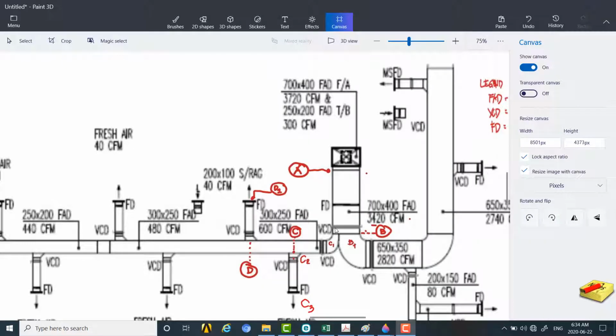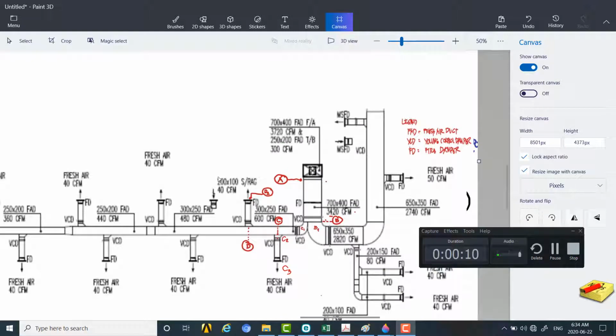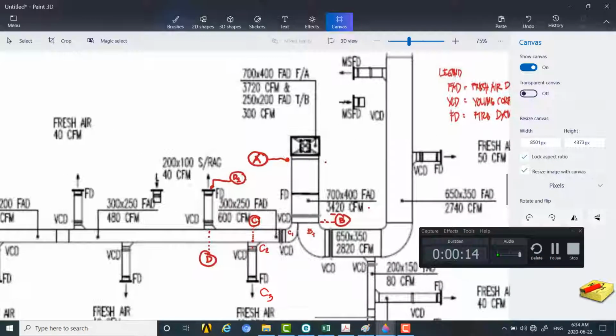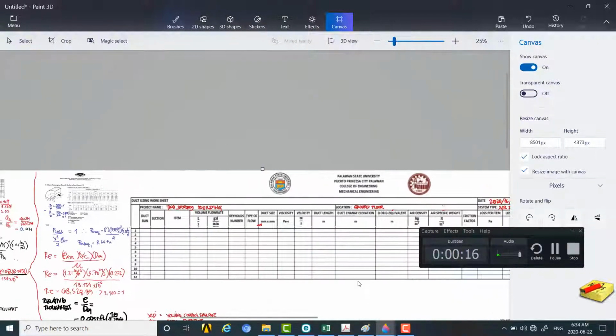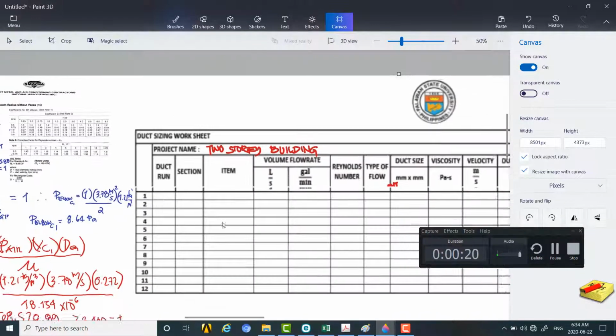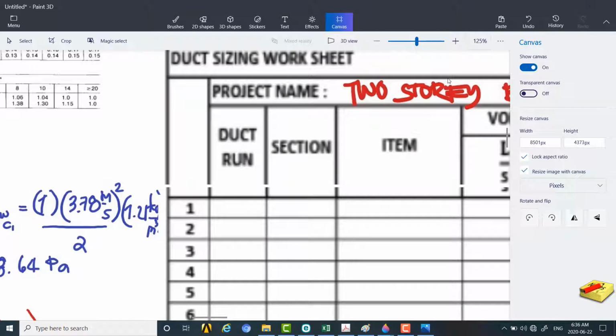Okay, resuming from the last time that we had, we are now considering the point from here, that will be the root of A to Z3. So we're going to put here duct run A to Z3.